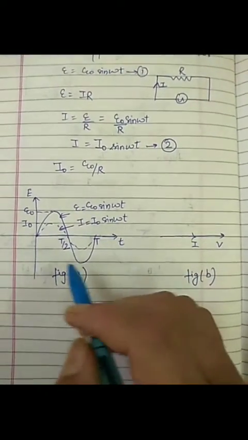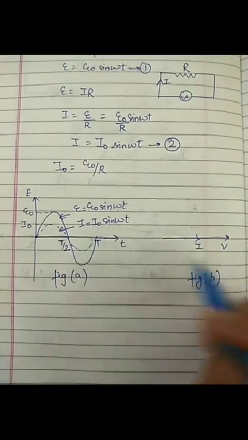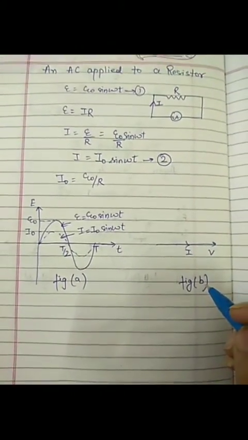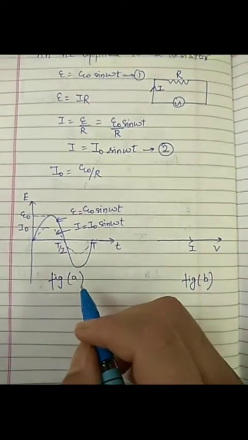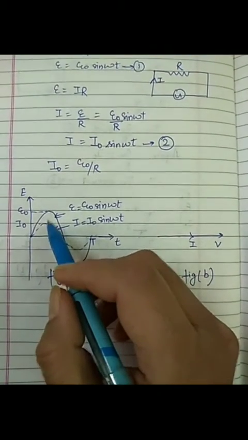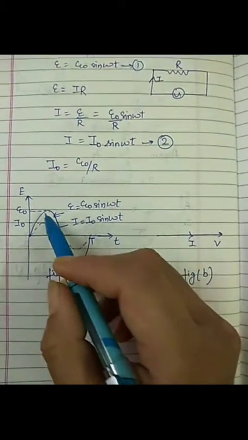Here figure A shows the phase relationship between the voltage and the current, and figure B is the corresponding phasor diagram. From figure A we can see that both voltage and current obtain their maximum and minimum values simultaneously.